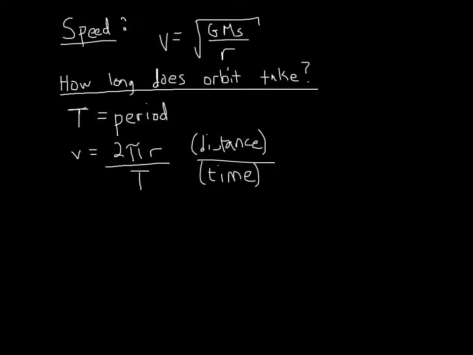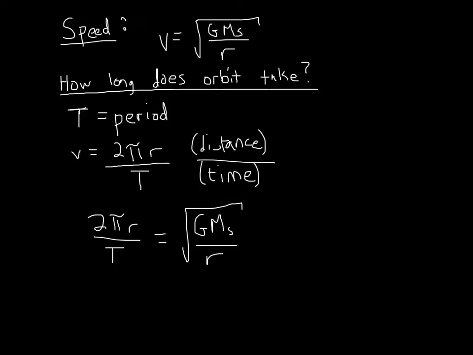So this tells me that 2 pi r over t, my velocity written in terms of period, is equal to the square root of G times M_Sun over r.